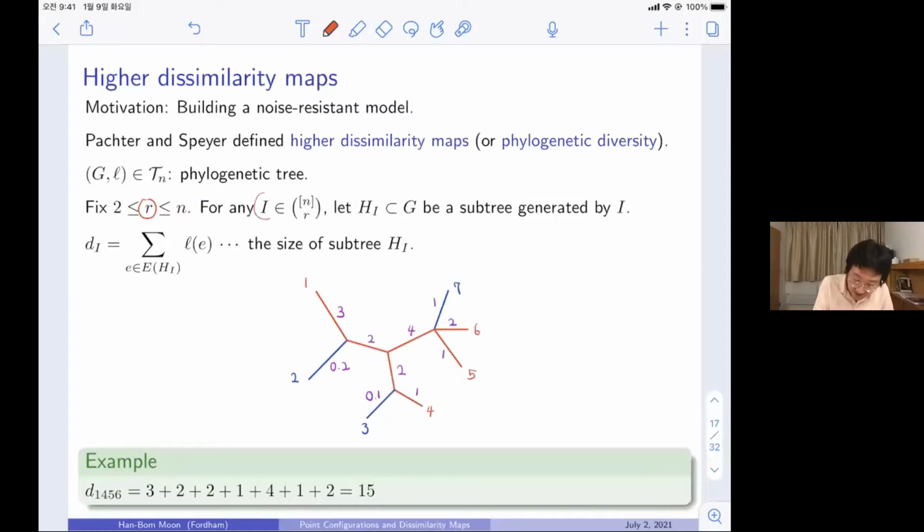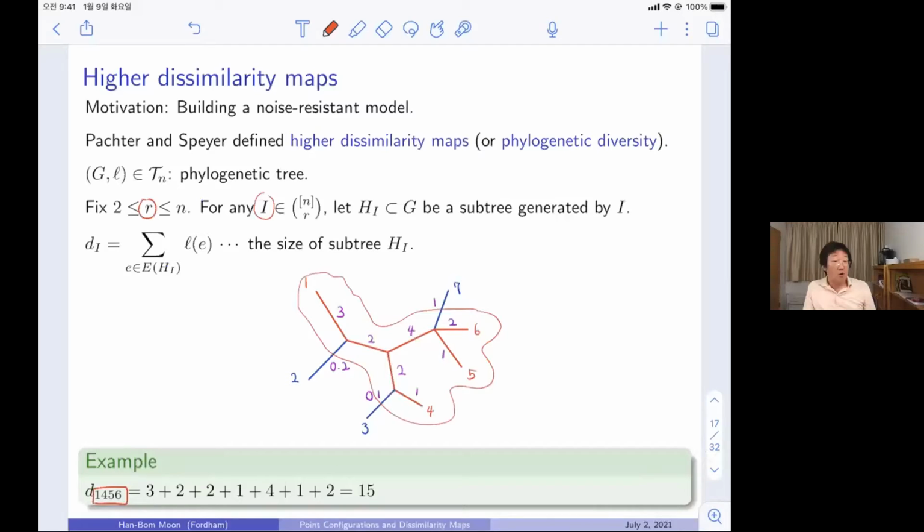Then we can think of the unique subtree generated by these leaves. For instance, if we take the set {1, 4, 5, 6}, then this subtree is the subtree generated by leaves 1, 4, 5, and 6. Then we can define the number d_I as the sum of all of the lengths of edges that appear on this subtree. This is one way to compute the size of a subtree.